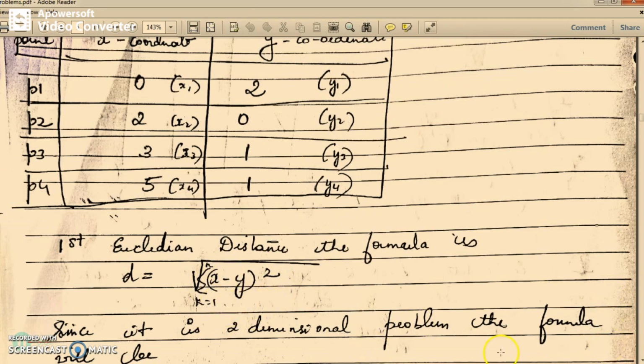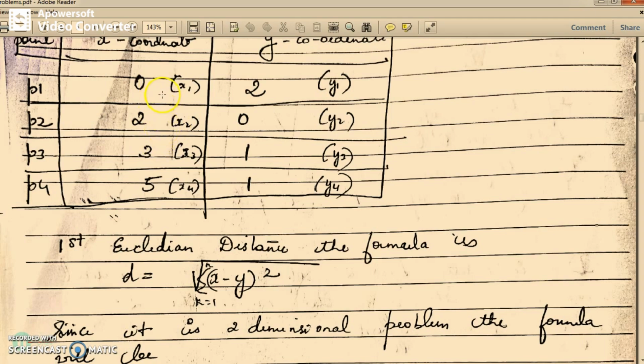Now let's substitute here x2 minus x1 the whole square. Let's take point 1, that is x1 is here, point 2, the x coordinate of point 2 is 2. So x1 is 0, x2 is 2.